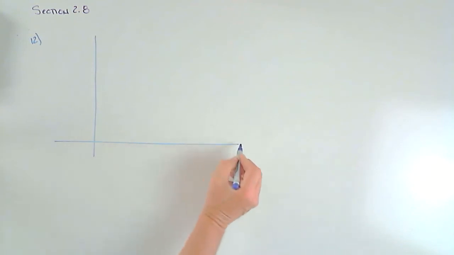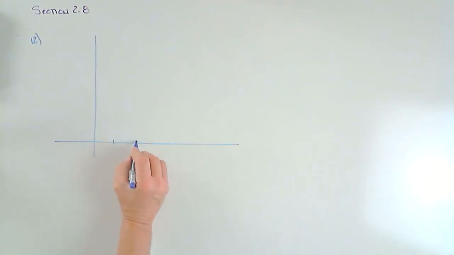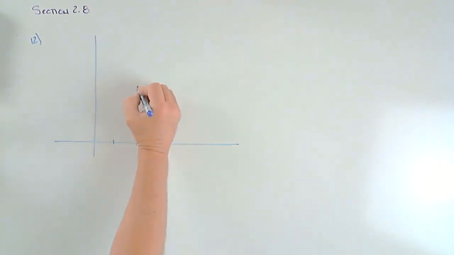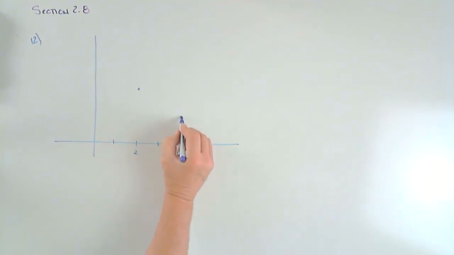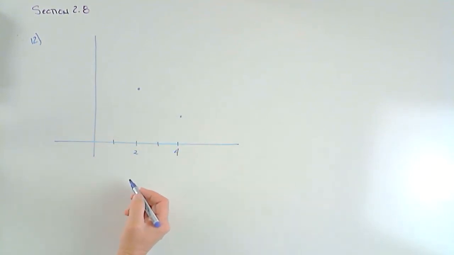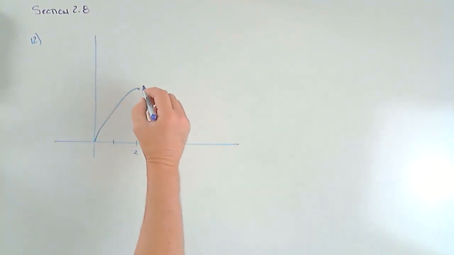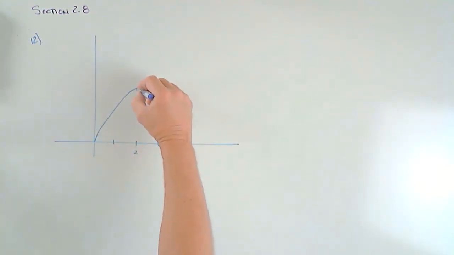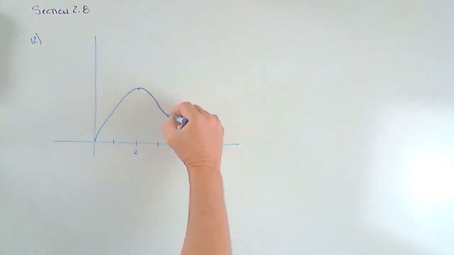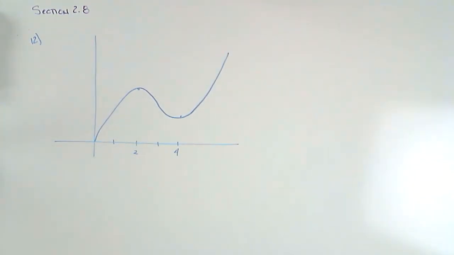The particle has a local maximum at 2, and a local minimum at 4, and then it just goes up after that. It starts concave down until about 3, when it switches to concave up, and then it stays concave up forever.